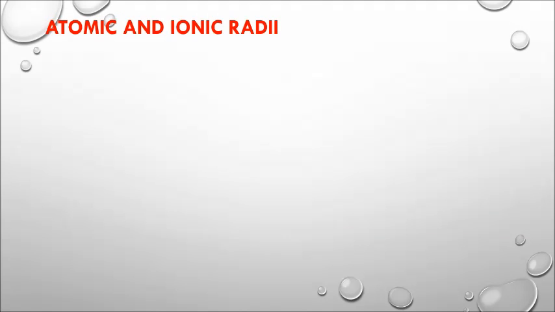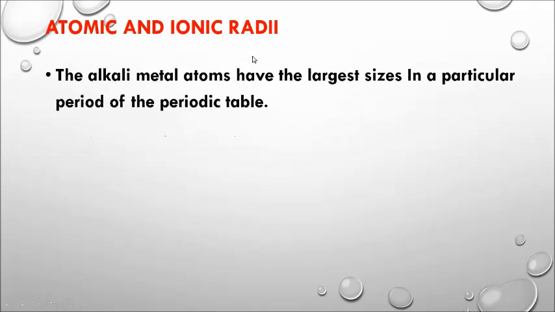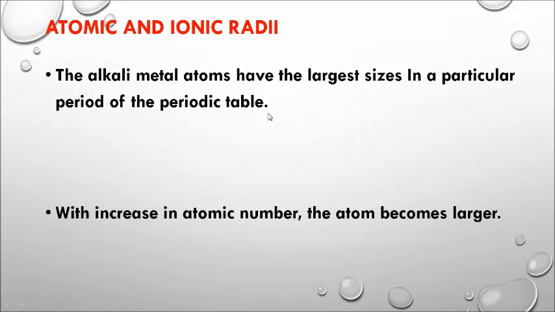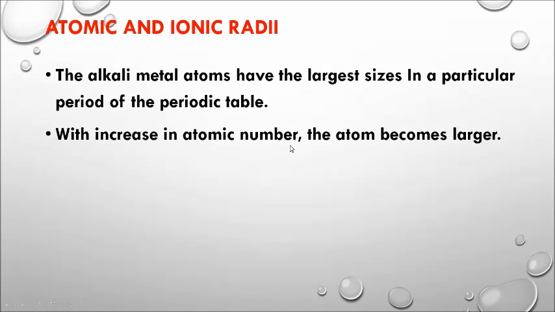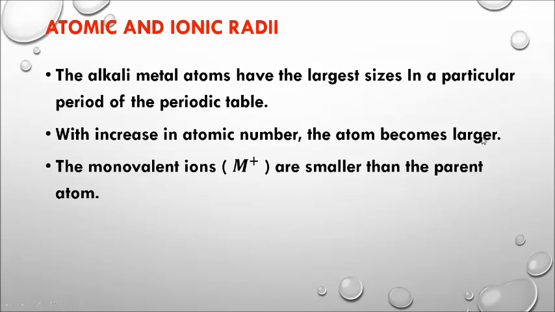Now let's see the atomic and ionic radii for the first group elements, or the alkali metals. They have the largest sizes in a particular period of the periodic table. With increase in atomic number, the atom becomes larger. The monovalent ions M+, that is, only one positive charge is there because one electron is lost, are smaller than the parent atom.